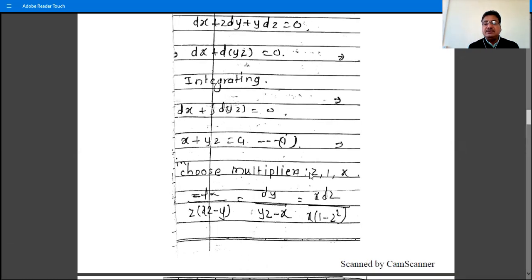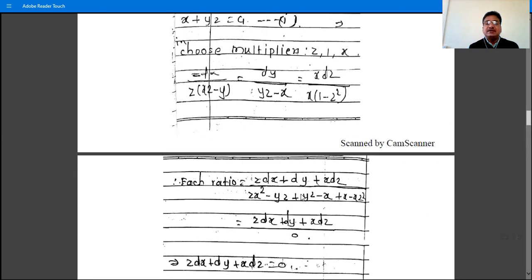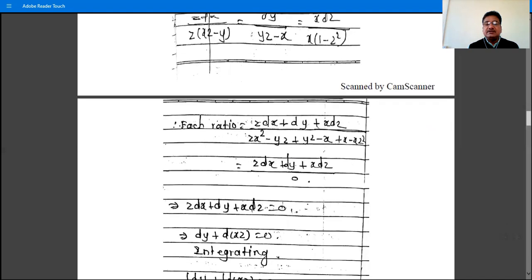Then choose multipliers z, 1 and x. These are another set of linearly independent multipliers, and therefore each ratio is equal to, after this step write this step, z dx plus dy plus x dz divided by this quantity, and the addition of all these factors is equal to 0, and therefore we have z dx plus dy plus x dz is equal to 0.